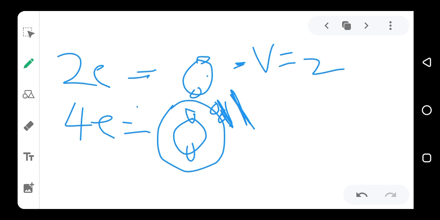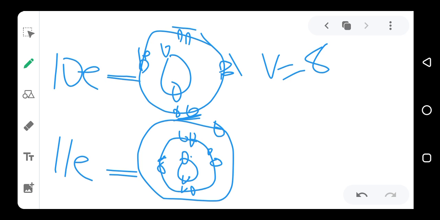For here, valency equals 2 also. Now for this one, it has 11 electrons, but the valency is just 1. Why 1? Because we have only 1 electron in the outermost shell. So that is how to get the valency of an atom.